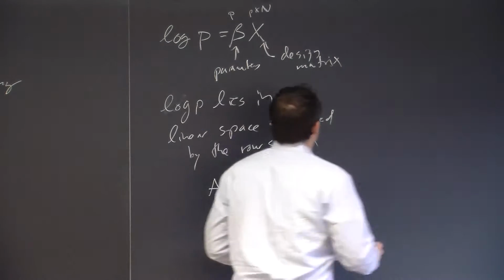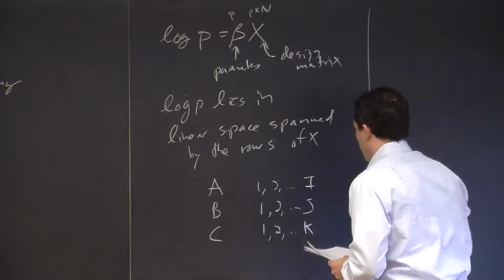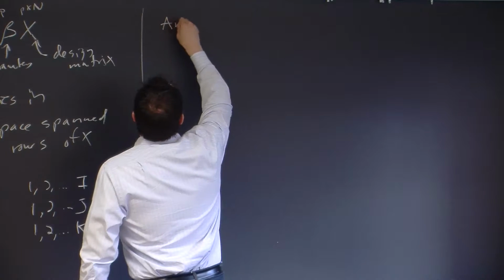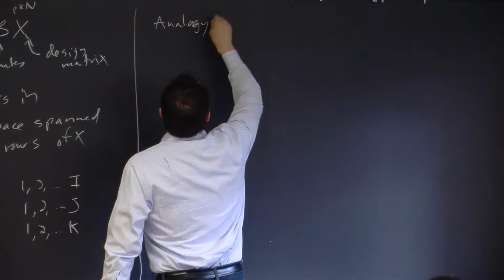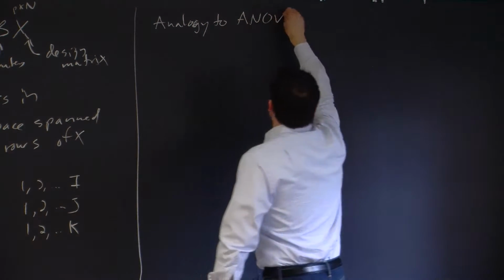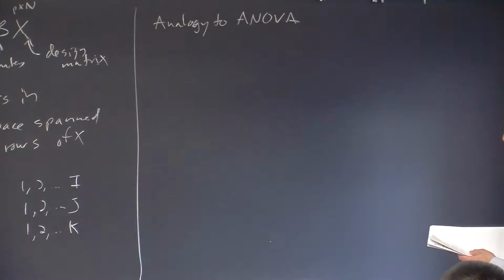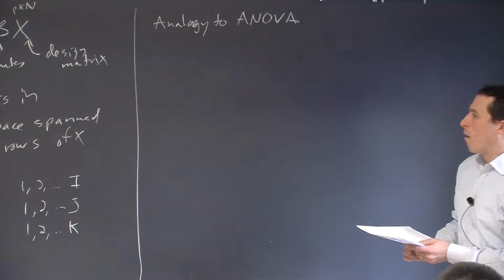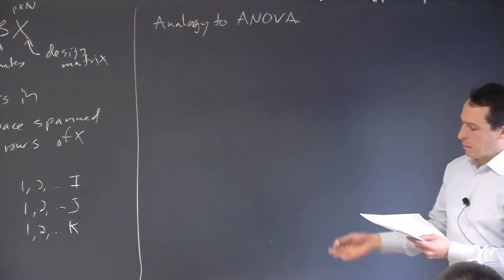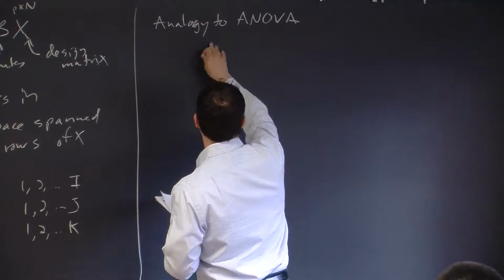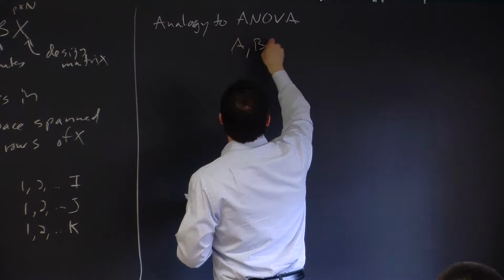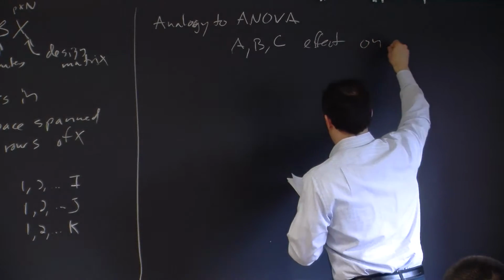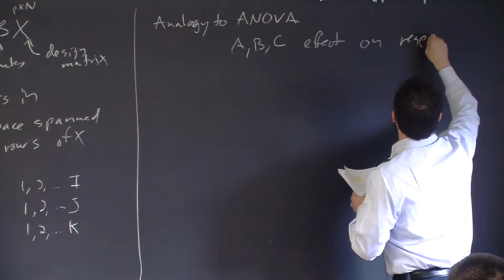So when we're doing these log linear models, there's an analogy to ANOVA models, if you remember those from another class. The difference is that our response variable is not really an honest variable. In an ANOVA, you have 3 variables, A, B, and C, and their effect on some 4th variable, a response.